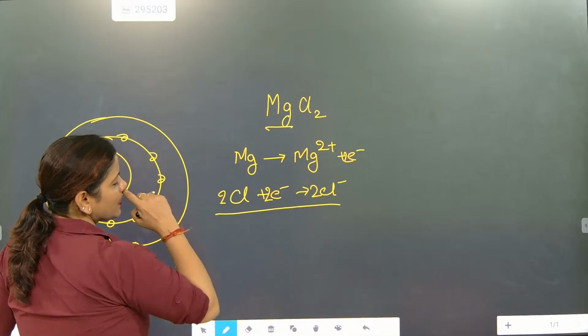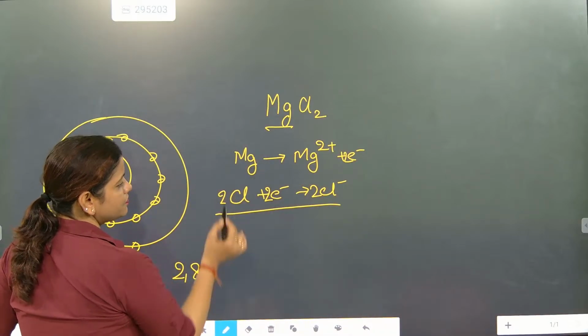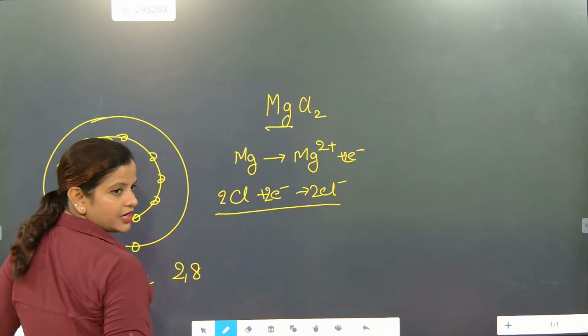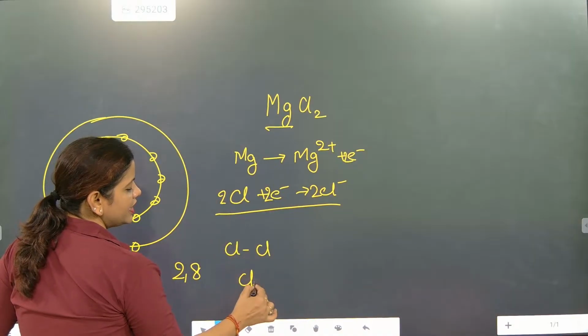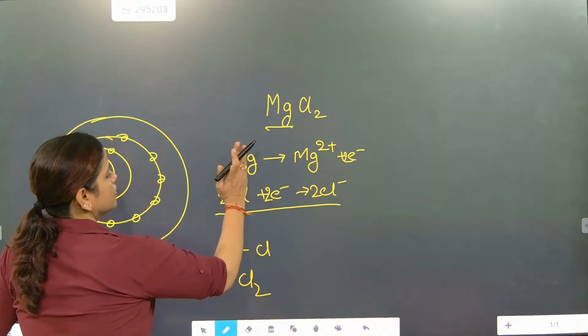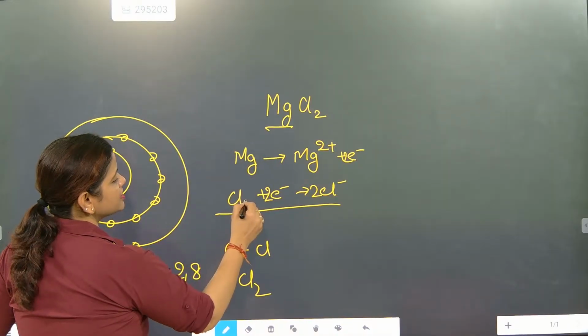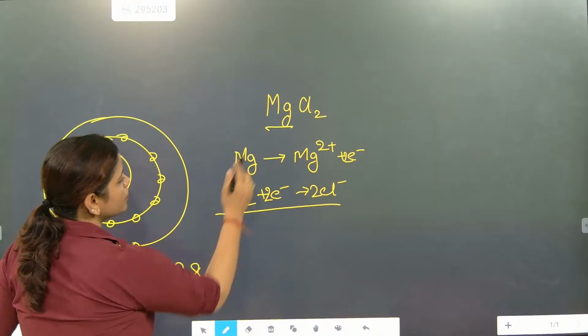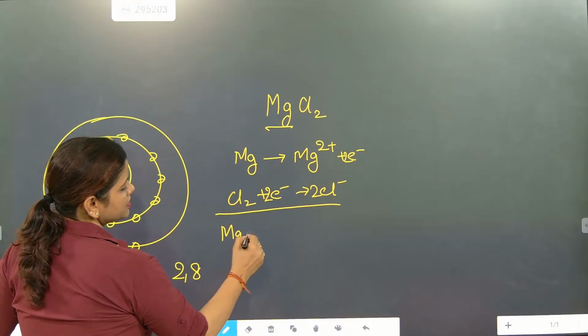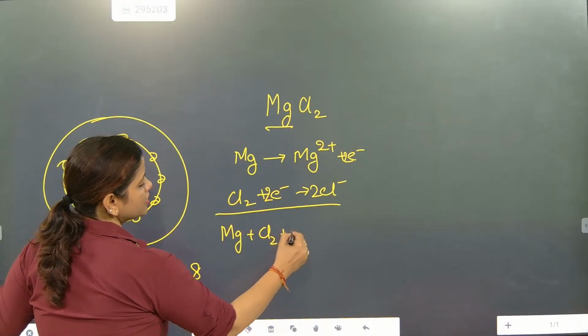Now we are writing like this, but here we can't write 2Cl. Because the moment Cl and Cl come together, they make Cl2. Now we are going to make the bonding. So here Mg plus Cl2 plus 2 electrons.